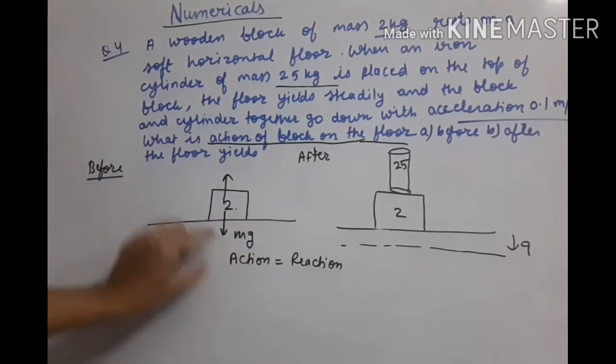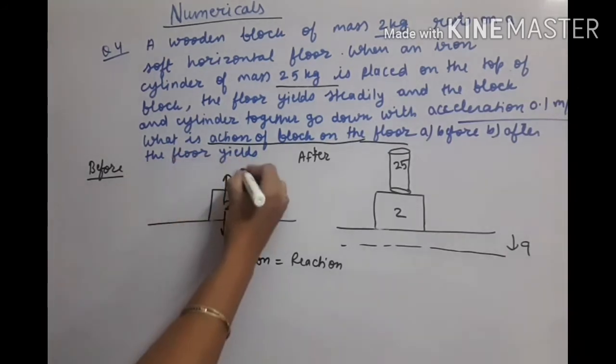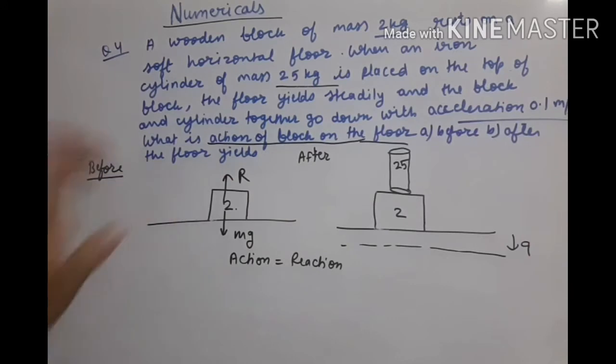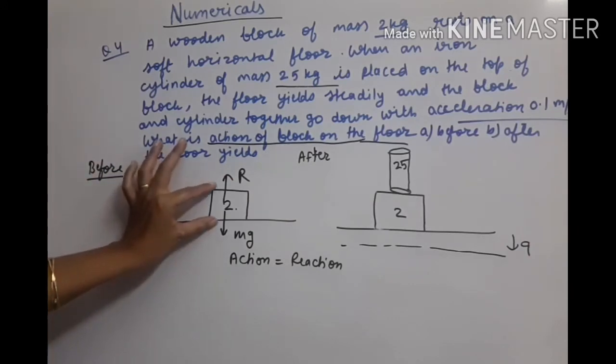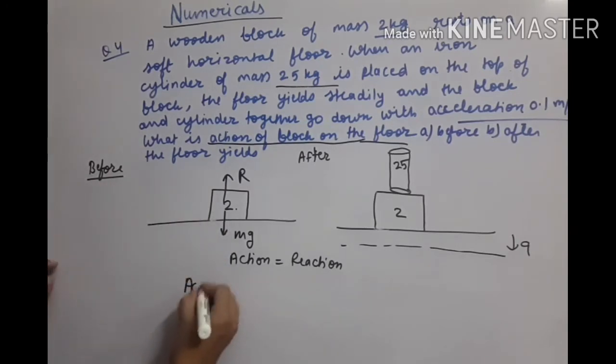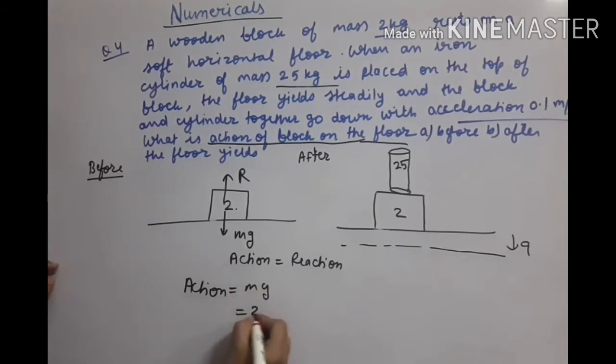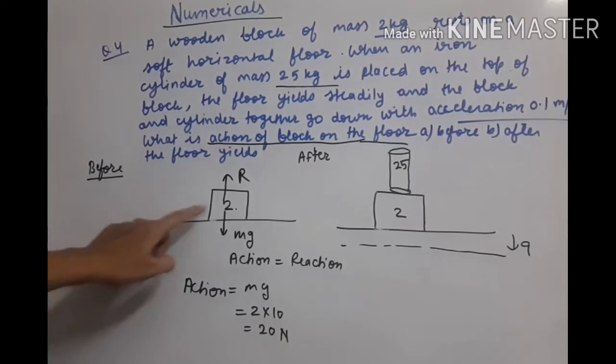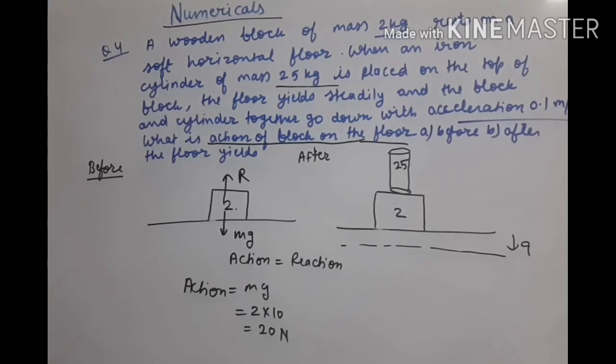Weight mg of this block on the floor is the action, and reaction is R equal to mg only. So here directly we can say that the action of the block on the floor is mg. mg means 2 into g, that means 20 Newton, taking g as 10.